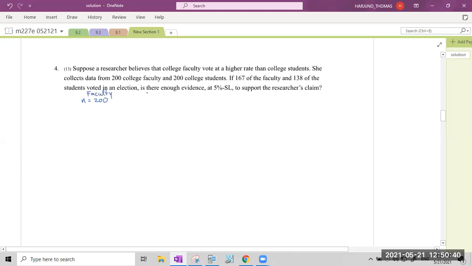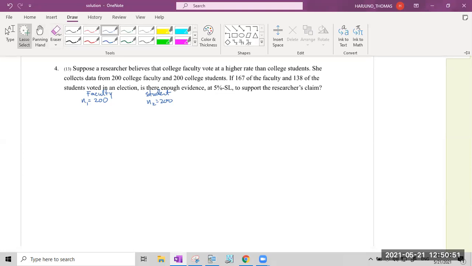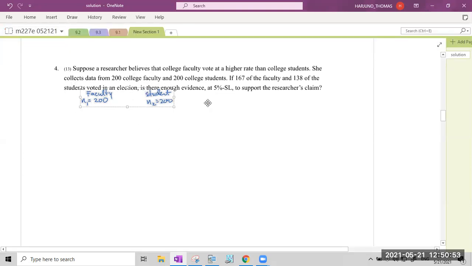And college students, 200 also. Let me move this to the right. And then the number of faculty who voted in the election is 167. The number of students who voted in the election is 138.